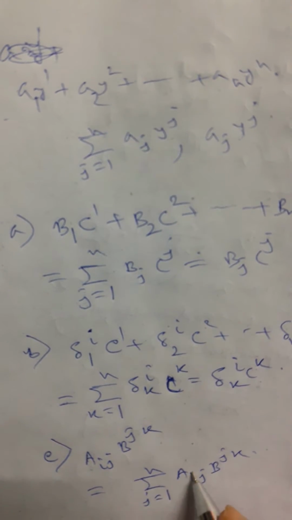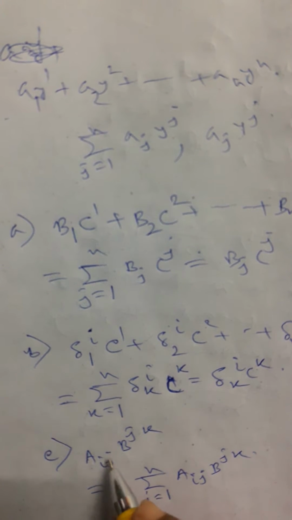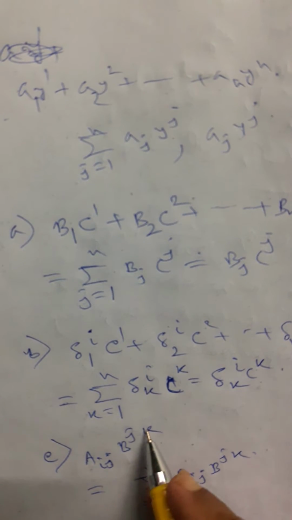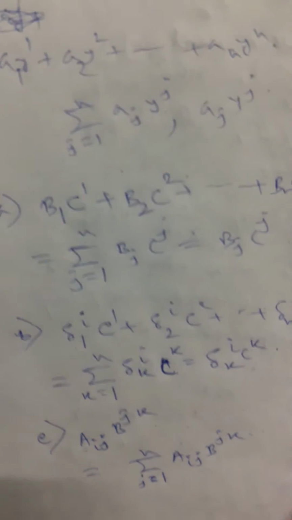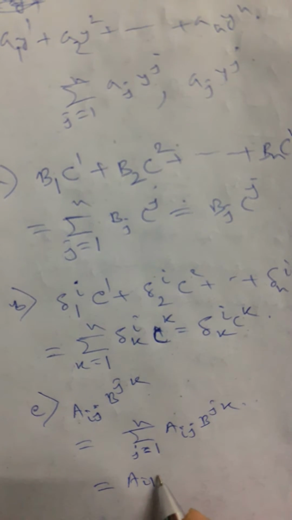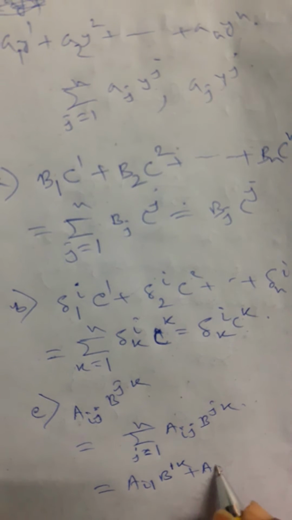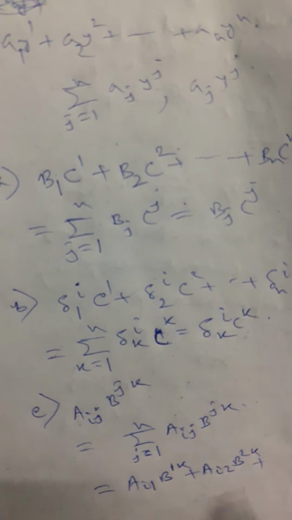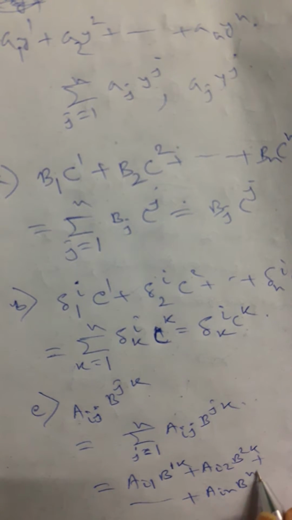What happens there? If we observe, j is the common index, so the sum runs over j. That's why we write j equals 1 up to n, and it's clear. So what will it be? ai1 b1k plus ai2 b2k, and in this way we expand up to ain bnk.